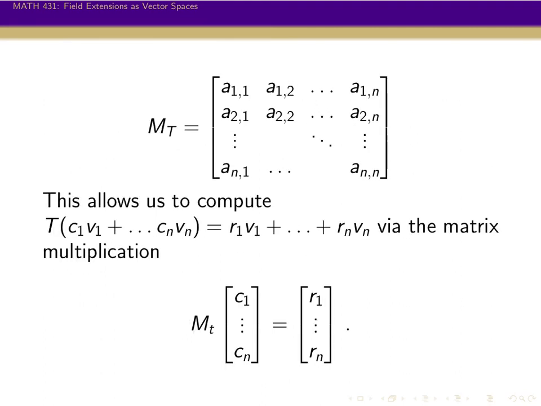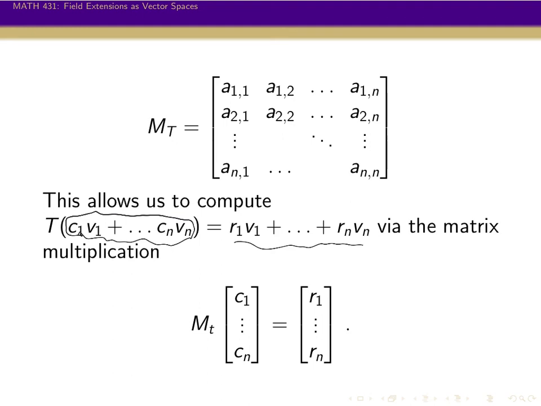And then what's nice about having this matrix representation is that it allows us to compute how things get sent through the linear transformation. So if you have some element, you have it represented by some linear combination of the basis. This is what being a basis means: every element in the vector space can be written as some linear combination of them. Well, how do you find out where that ends up after it gets sent through the linear transformation?